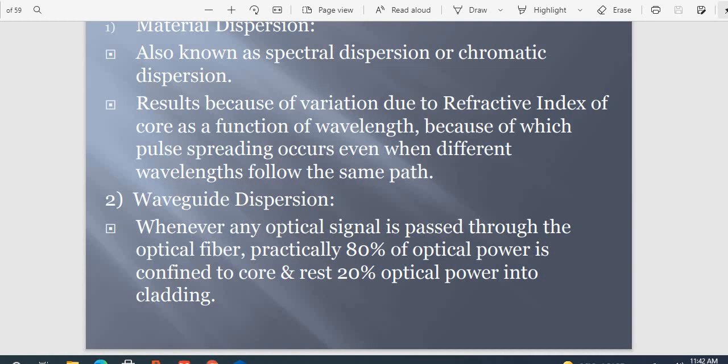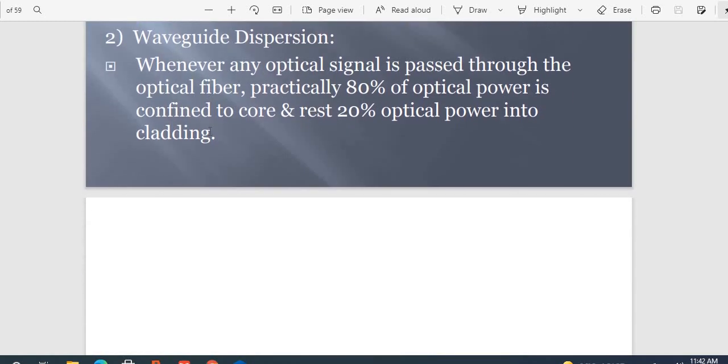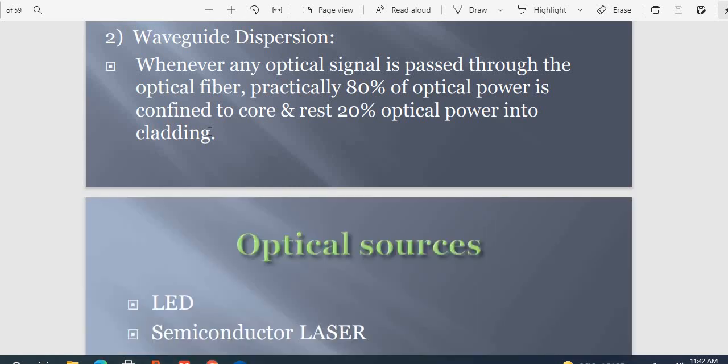If you give a 100% signal, 80% is taken by the core and 20% by the cladding. Because of that, the wavelength varies, and you get dispersion because of the core and cladding consumption of the signal, right? So that is also called waveguide dispersion.